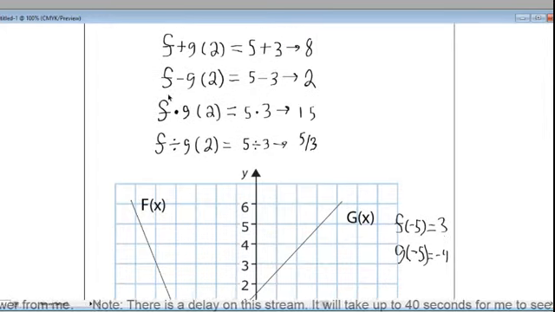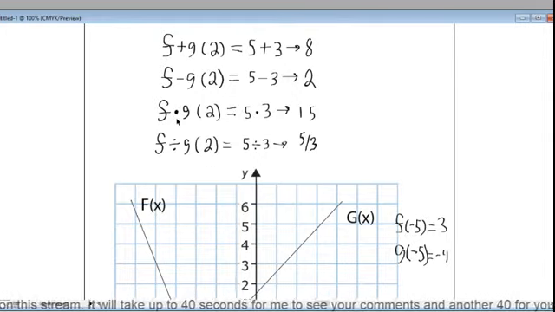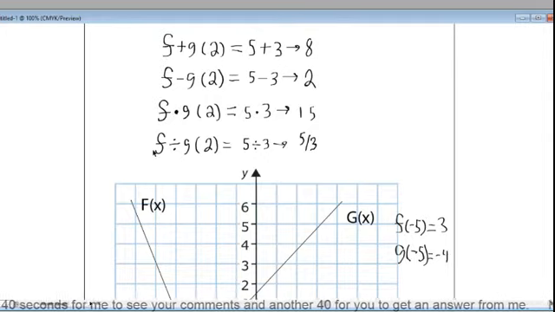If we wanted to do minus, that'd be 3 minus negative 4. 3 minus negative is really positive, so 3 plus 4, 7. F times g, so 3 times negative 4, that's negative 12. And f divided by g, 3 divided by negative 4, that'd be negative 3 over 4.